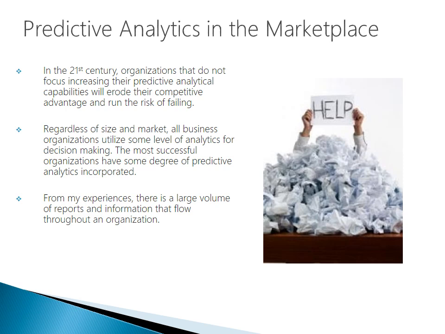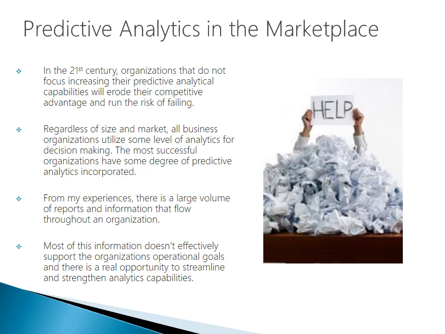From my experience, there's a large volume of reports and information that flow throughout an organization. When I was working in industry, I noticed that there's just lots of reports, whether they're just native to the ERP system that you're working in or they fulfilled a business purpose, but sometimes we run into paralysis by analysis. Most of this information doesn't effectively support the organization's operational goals, and there is a real opportunity to streamline and strengthen analytics capabilities.